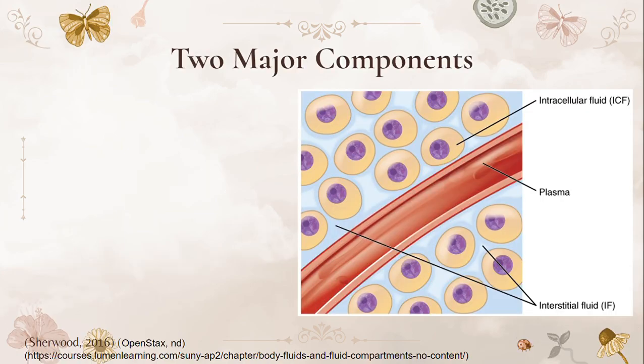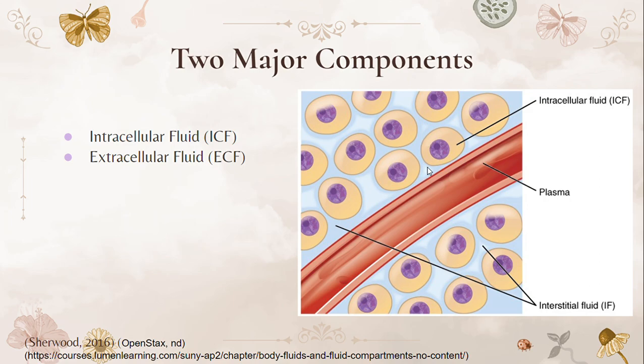Let's go. So to start off, there are two major components within the fluids in the body. Fluids in the body can be found in two major compartments. They can either be found in the intracellular fluid, which is the fluid found within the cells, or in the extracellular fluid.